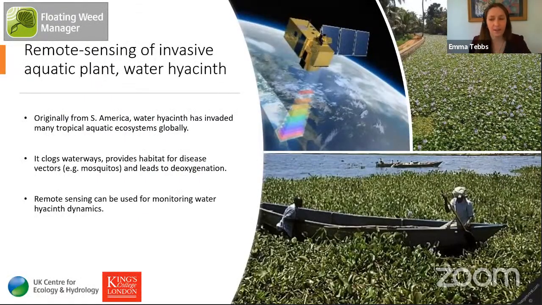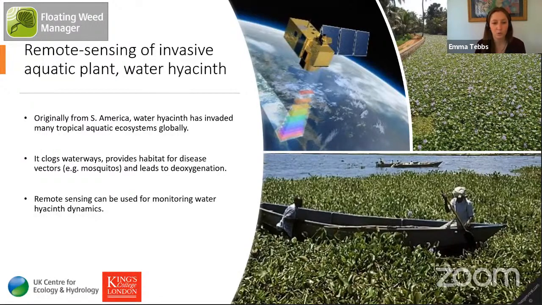Okay, so the last case study that I wanted to talk to you about is using satellite Earth observation to look at invasive aquatic plants, particularly water hyacinth. Water hyacinth is originally from South America, and it's invaded many tropical aquatic ecosystems globally.